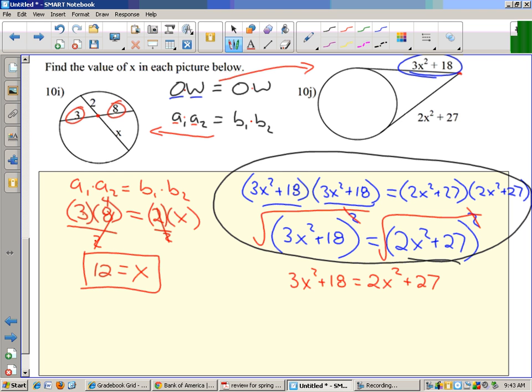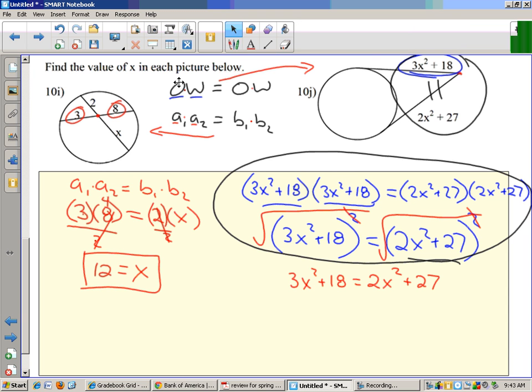Just set them equal to each other, right? These two right here are equal to each other because they're both tangents through the same point. Because the outside and the whole will be the same thing. It doesn't matter what it is. You're always going to get something squared equals something squared. Then you can square root both sides. And basically, you're just going to get that these two tangents are equal to each other.